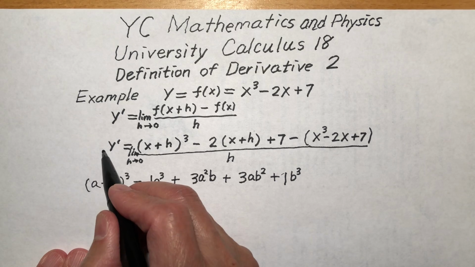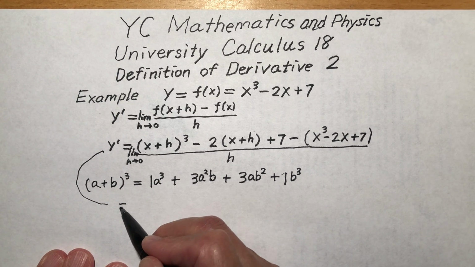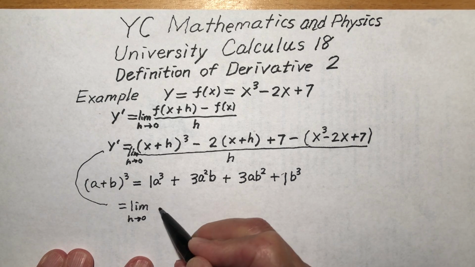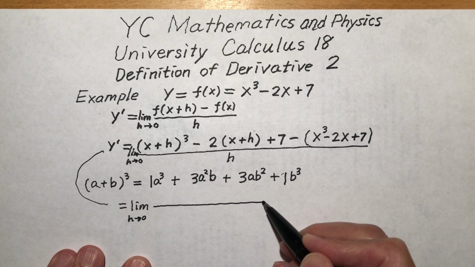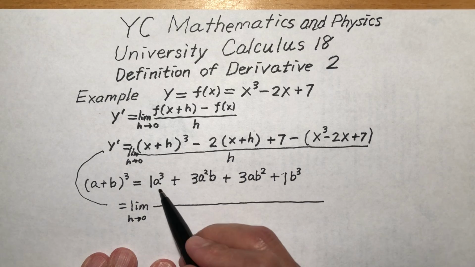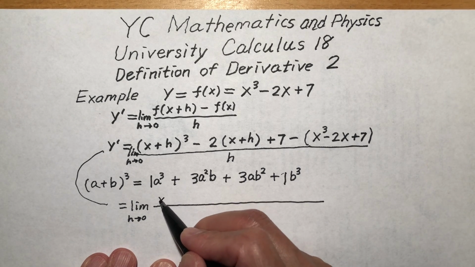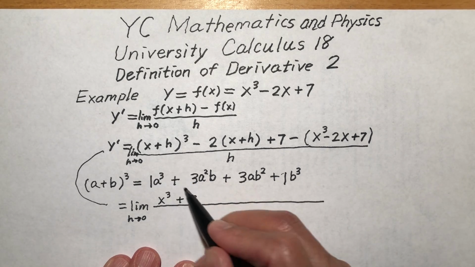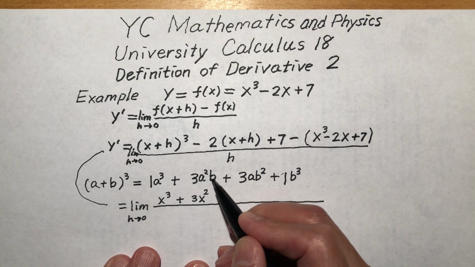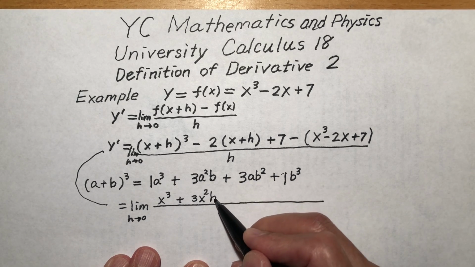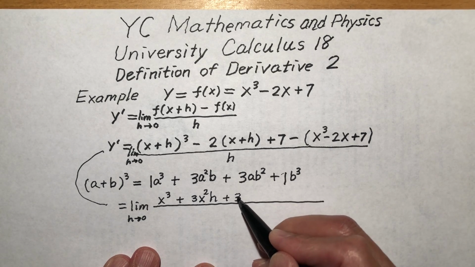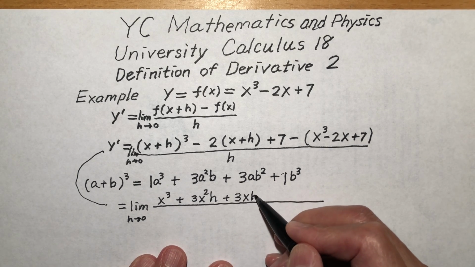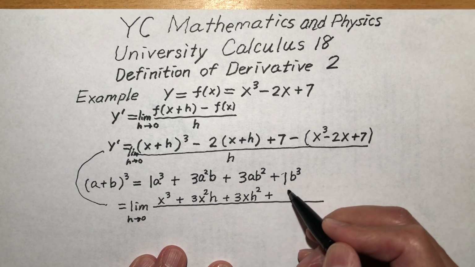So my y prime is equal to the limit, h goes to 0, and I have a fraction: a cubed, that's x cubed, plus 3, a is x, so x squared, b is h, plus 3, a is x, b is h squared, plus b is h cubed.